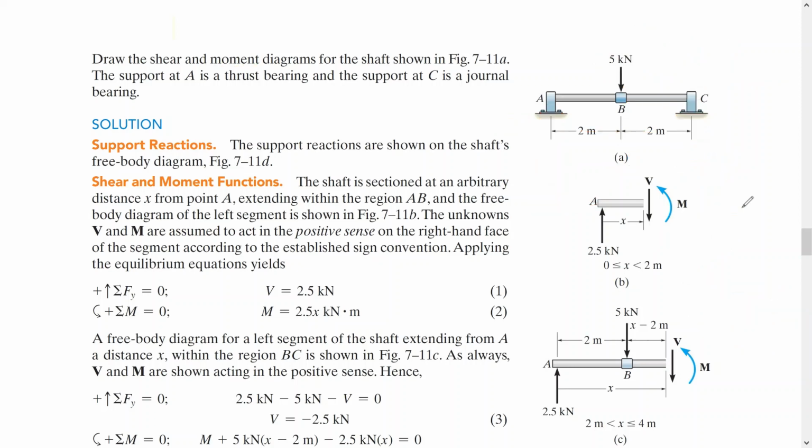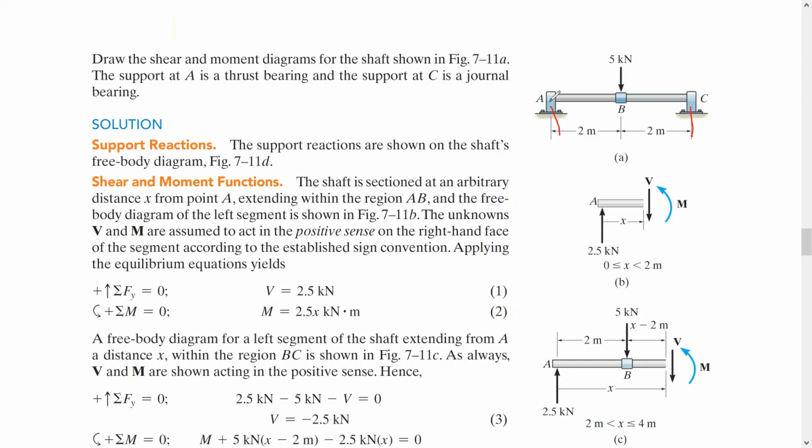Right now, how many sections do we need to take? We got this force here, we got this force here, but we need to take two sections. Why?